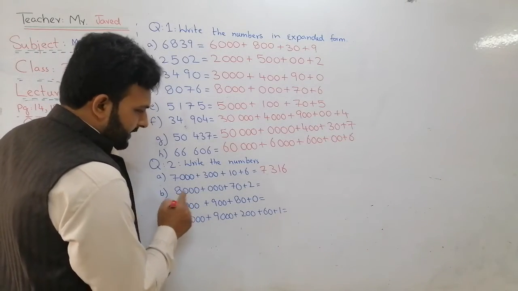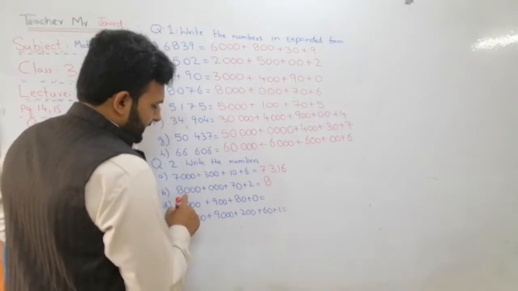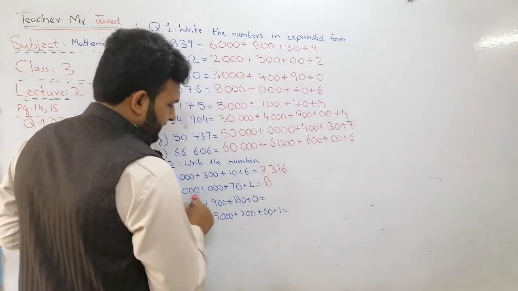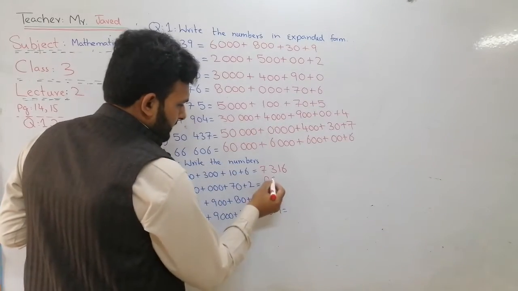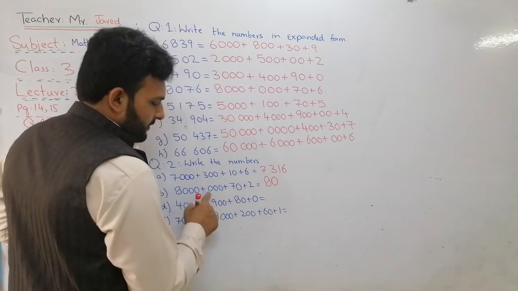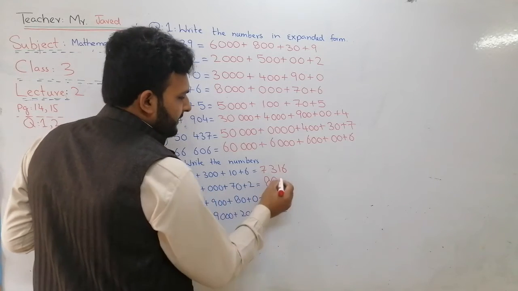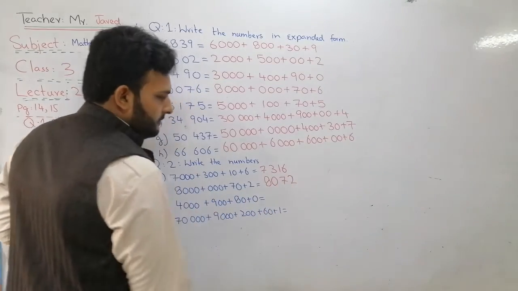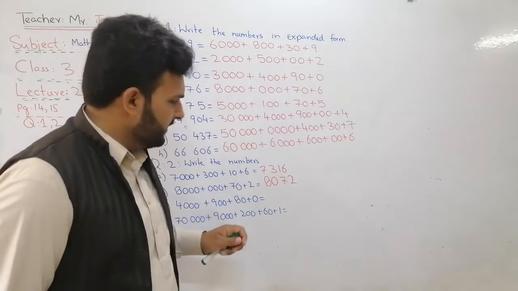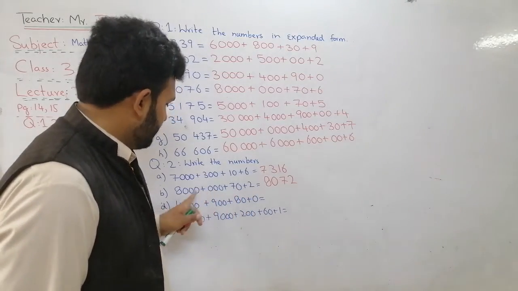8 is here at the thousands place, and 3 zeros. Okay, 3 zeros. One more zero we will write because of this. After that there will be the tens place. At tens it will be 7, and at ones it will be 2. Clear all the students? You should know this is ones place, tens, hundreds.